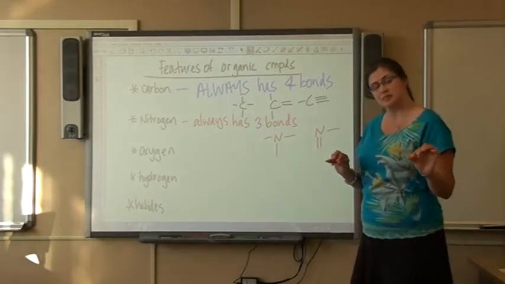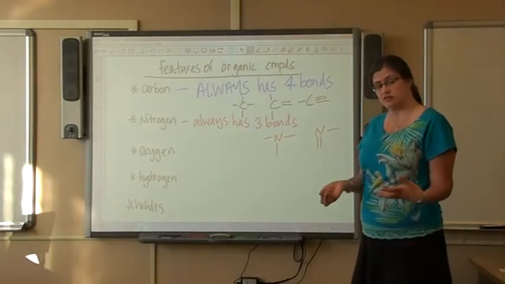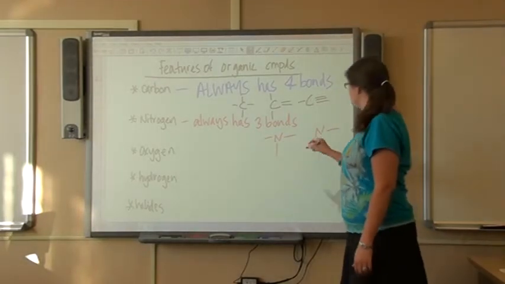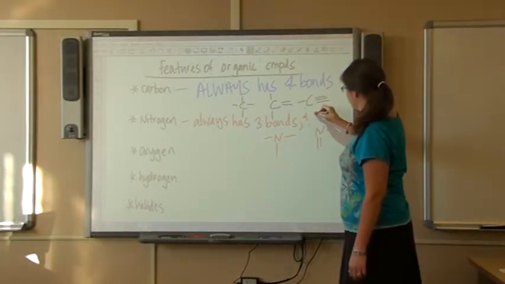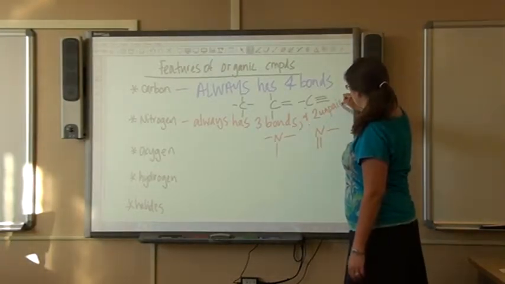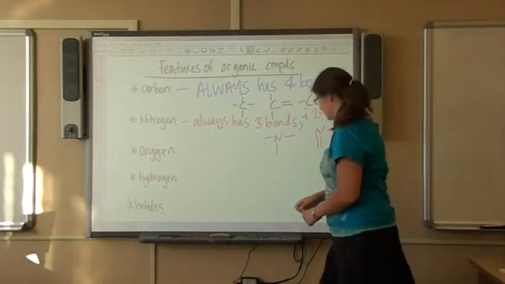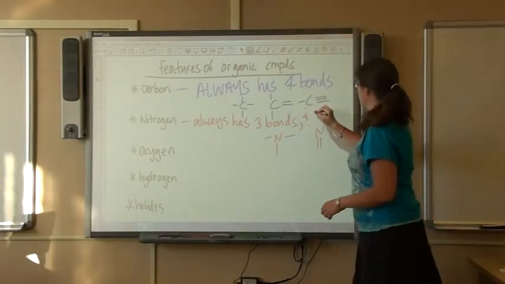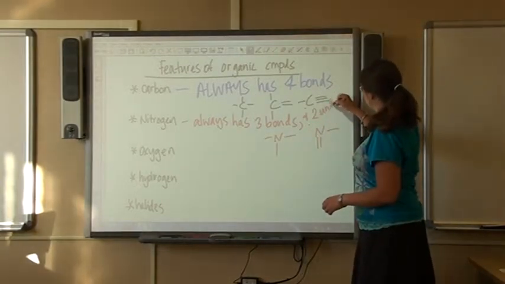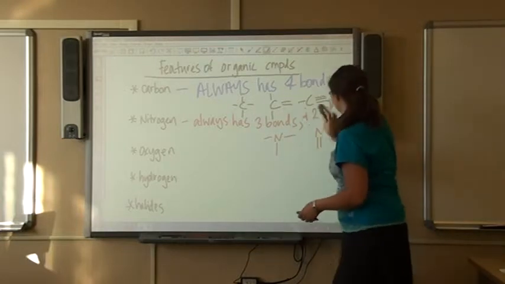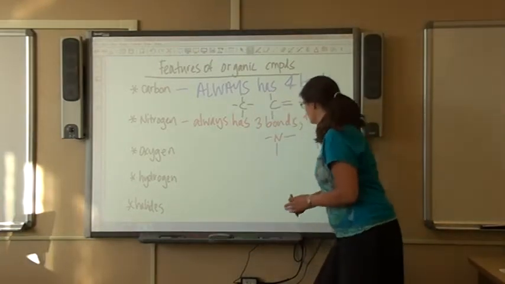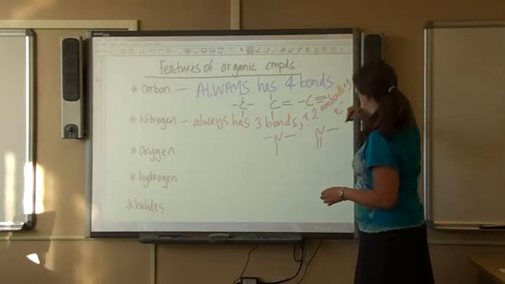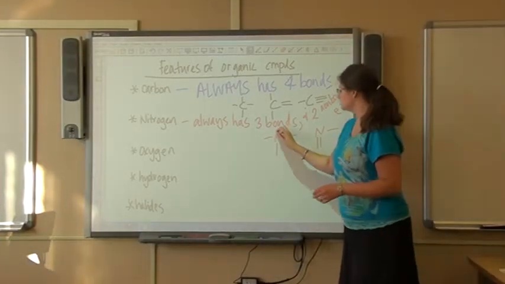But the interesting thing about nitrogen is that in order to have a full octet, right now we're only showing 6 electrons around that end, it also has to have 2 non-bonding electrons. So that's going to look like this.